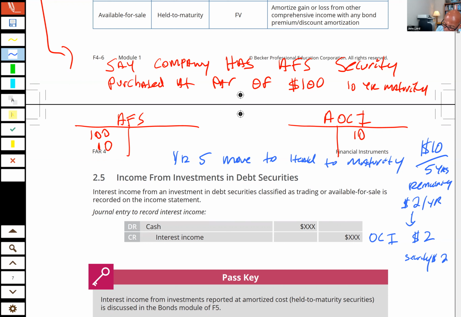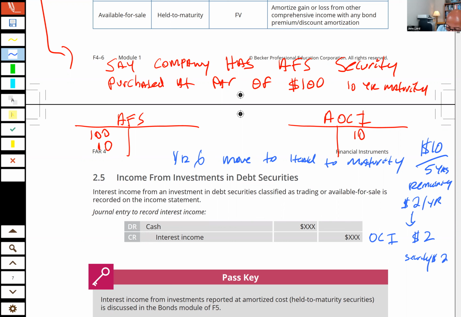Year 5, we do this. Year 6, well, what's 5 years? So year 6, 7, 8, 9, 10, right? For the 5 years. Okay, so I guess it'd be year 6 they move it. Not year 5, but year 6. Okay, so year 6, 7, 8, 9, 10, they would do this.